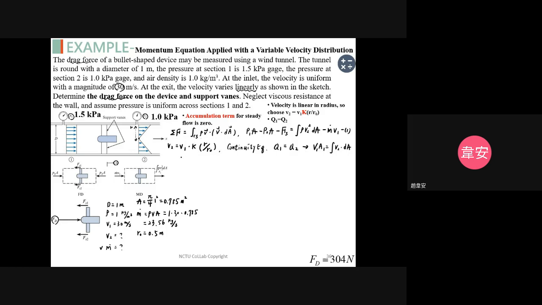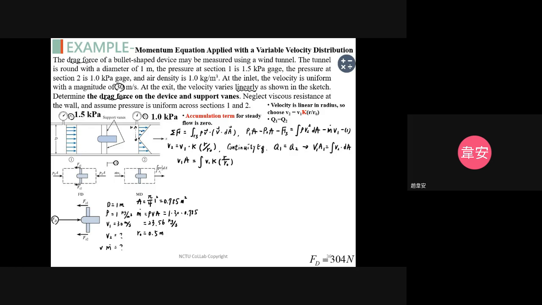So we have V1 times A, where A is the cross-section area, equal to the integral of V2. We write down the V2 equation as V1 times K, the slope, times R divided by R0. And what is dA?